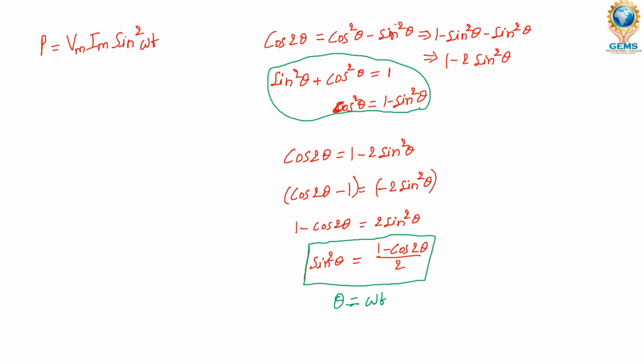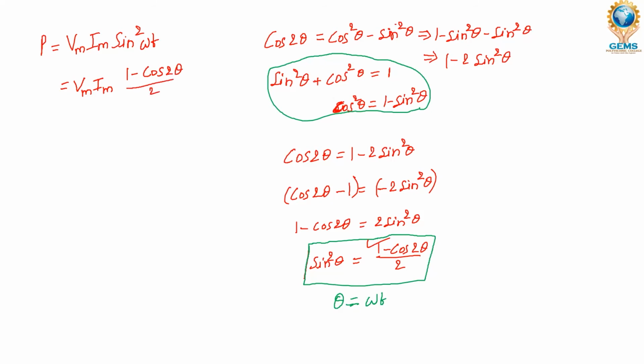Now what will the power formula become? Vm into Im into 1 minus cos 2 theta by 2.